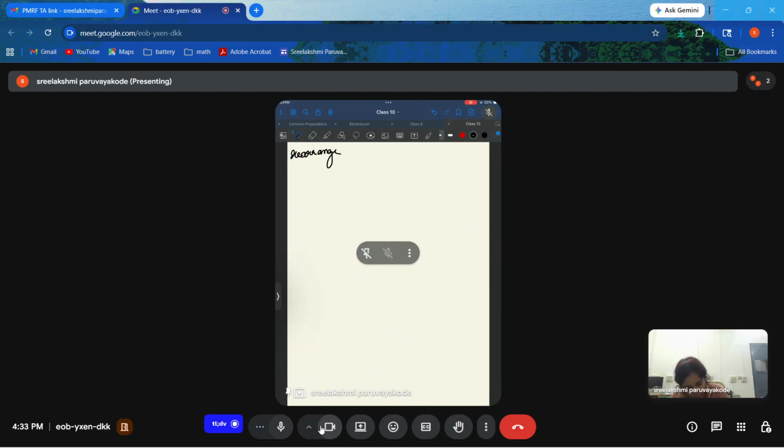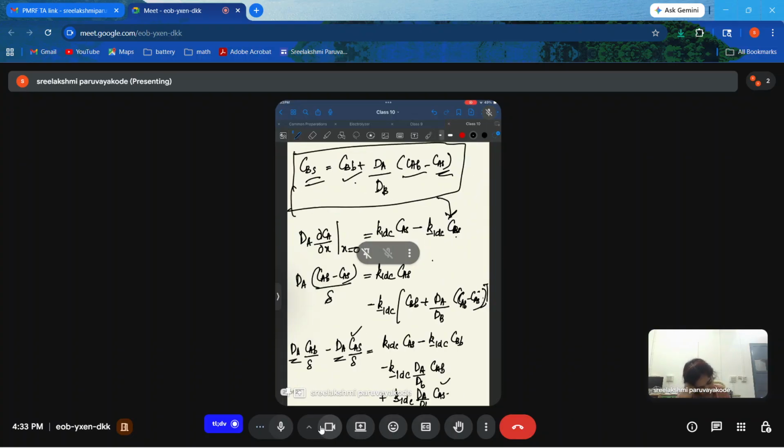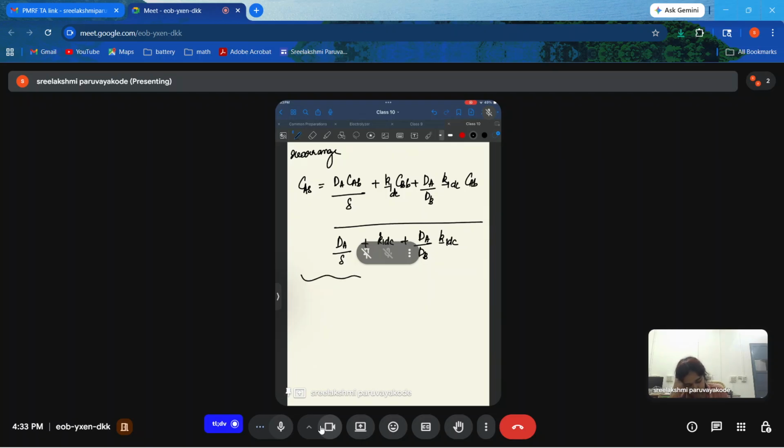And once you rearrange it, you get Cas equal to dA Cab/delta plus k−1 Cbb plus dA/dB k−1 dc, the whole divided by dA/delta plus k1 dc plus dA/dB k−1 dc. Right? So this is the expression for Cas.